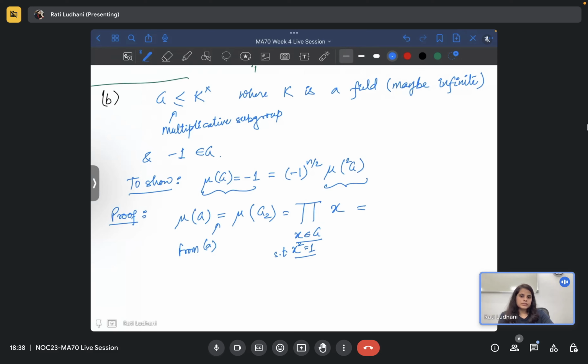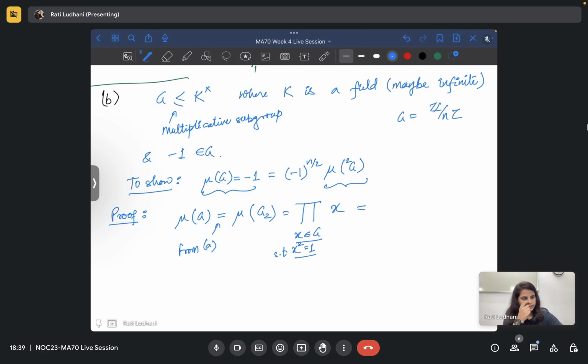G is a multiplicative subgroup of K cross and K is a field. That is a very good thing we know in this question. Now G is cyclic, finite cyclic. Exactly, yeah. And so it is isomorphic to Z mod NZ. Right, very good.